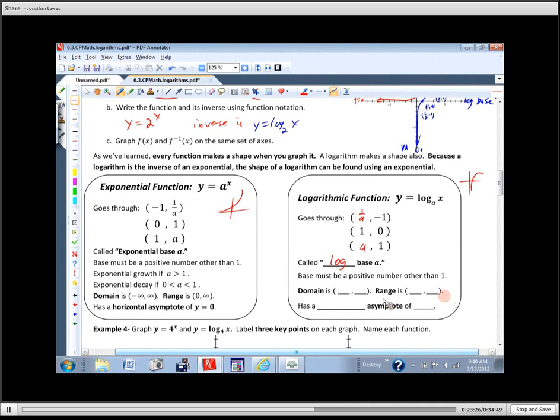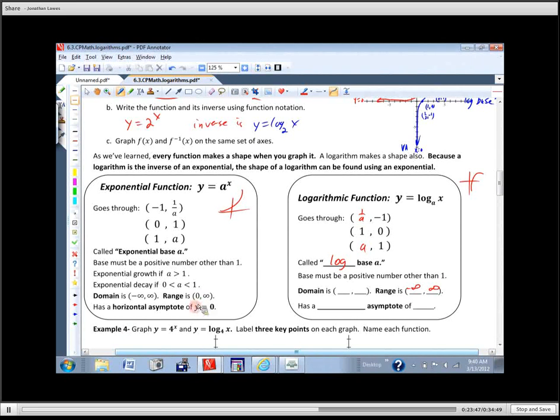Okay? If the domain on an exponential is all real numbers, from negative infinity to infinity, what does that tell us over here, the domain or the range? The range, right? Because we switched the x stuff for y stuff, so that's going to be from negative infinity to infinity.